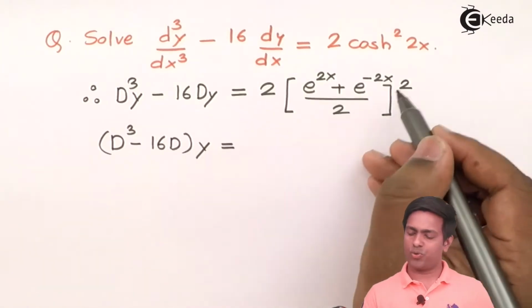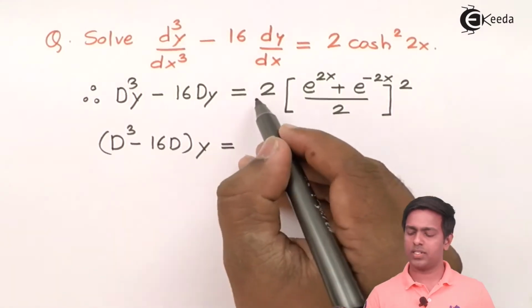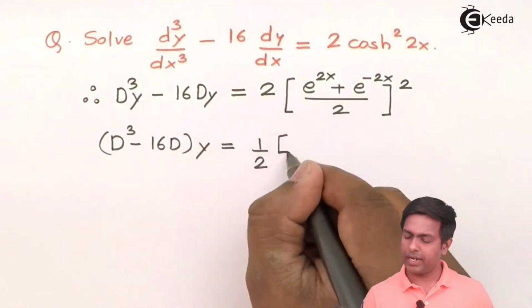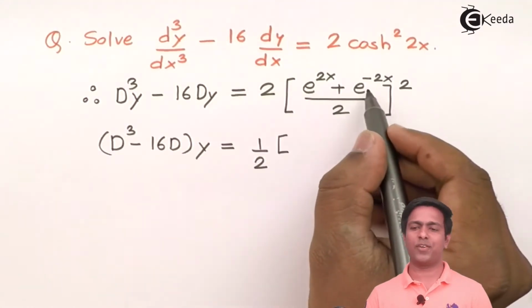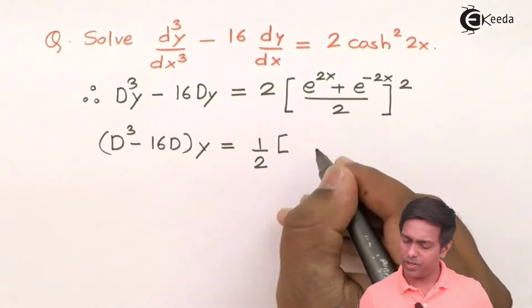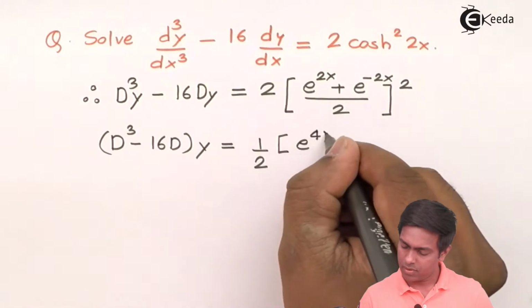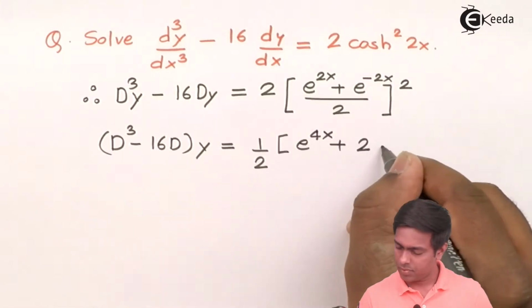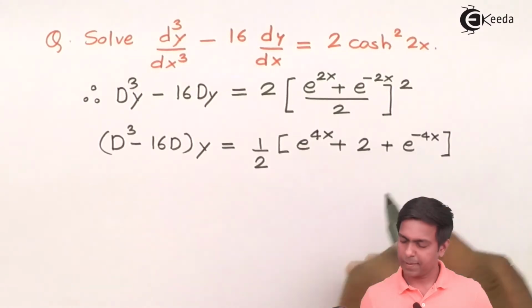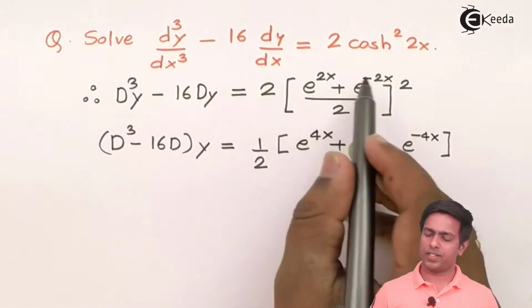Here 2 square becomes 4. So 2 ones are 2, 2 twos are 4. So I'll get 1 upon 2, and in the bracket, the square of this. Here I'll be applying the formula a plus b the whole square, which is a square plus 2ab plus b square. That will give us the expansion of this bracket.